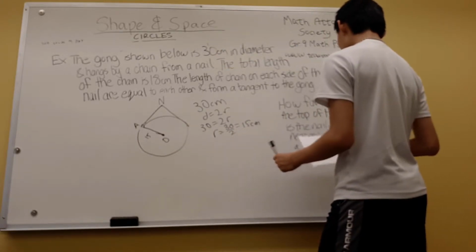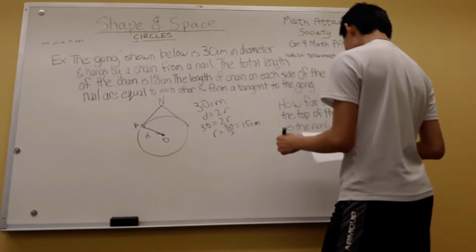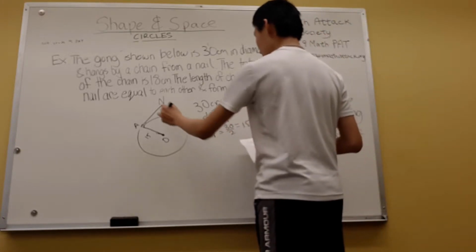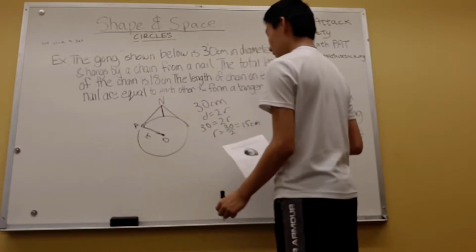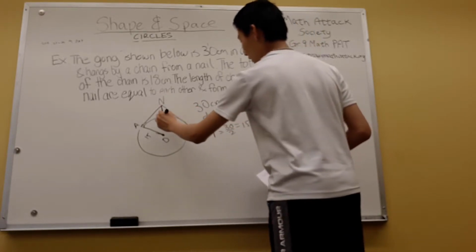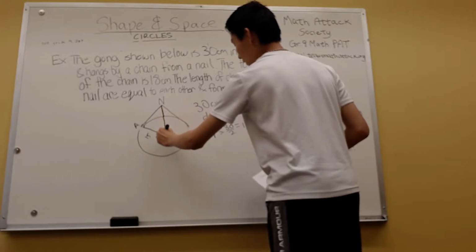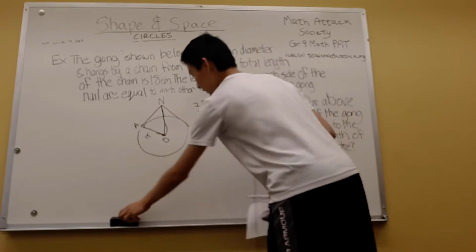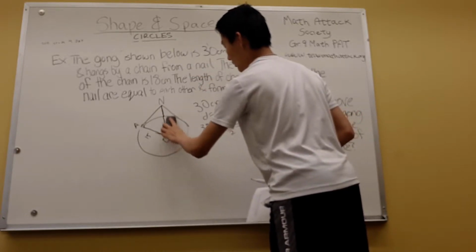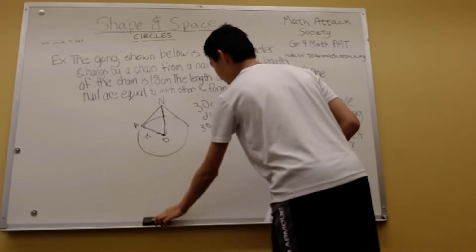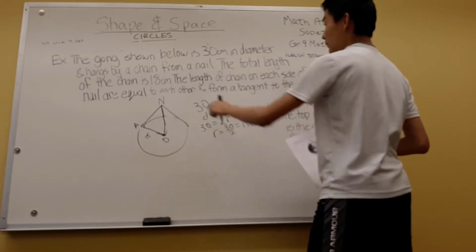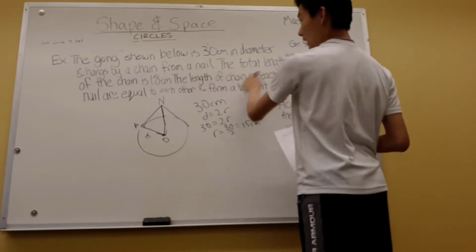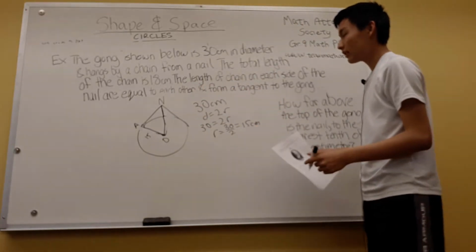Now, what we're looking for is basically this length right here. We can find this length if we extend the line so that we get a whole line segment NO. Another piece of information is that the total length of the chain is 18 centimeters.